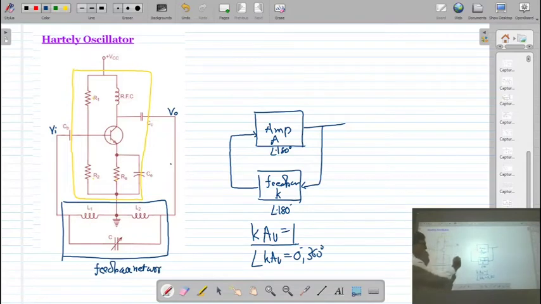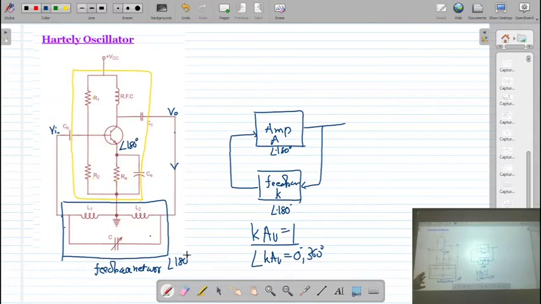So the output of this amplifier is given to the feedback network, and the output of the feedback network is again connected to the input of the amplifier circuit. This amplifier circuit is going to introduce a 180 degree phase shift, and this feedback network also is going to introduce a phase shift of 180 degrees.